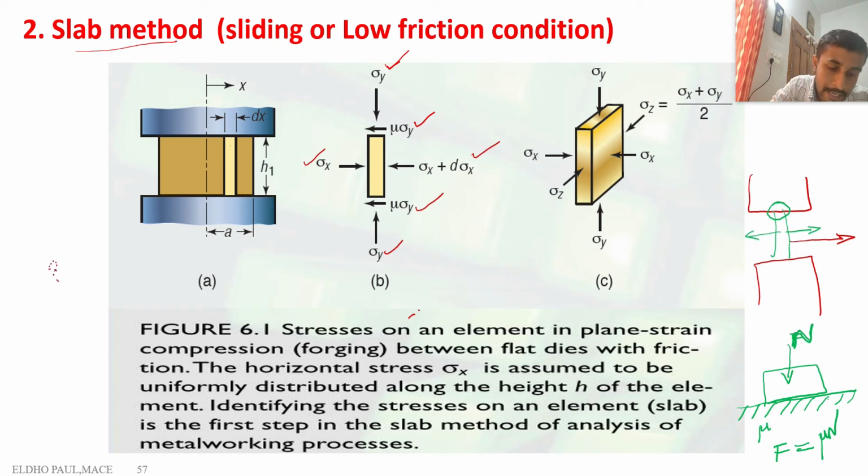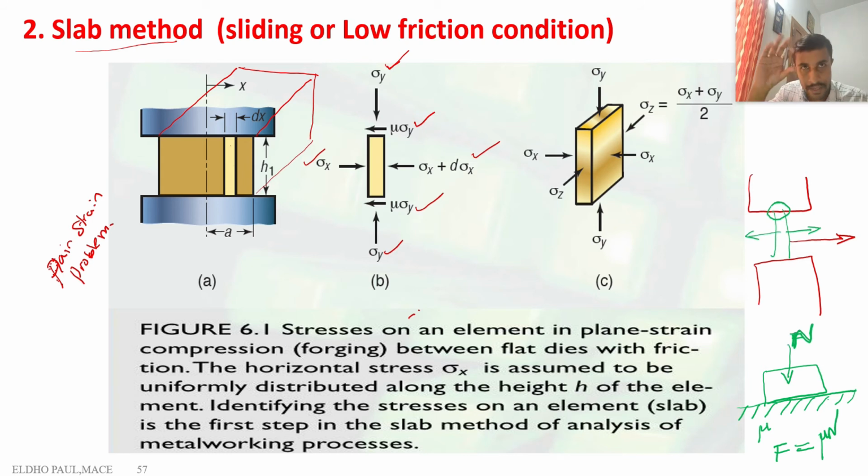Here we consider this problem as a plane strain problem. What is a plane strain problem? The plane strain problem is nothing but, here it has a particular width in this direction. The workpiece has a width in this direction.